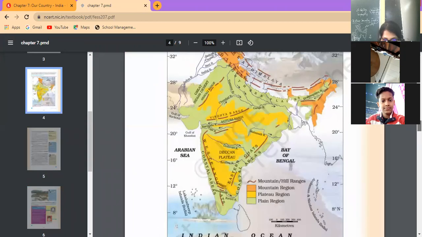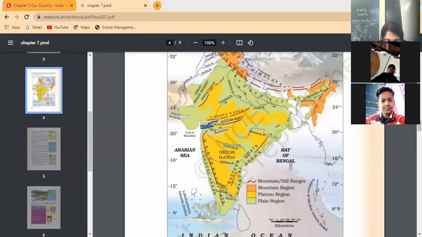Let's understand through the map. You can see here, on the west side, Tapti and Narmada flow into the Arabian Sea. And next, the Mahanadi, Godavari, Krishna and Kaveri flow into the Bay of Bengal, and they form deltas.